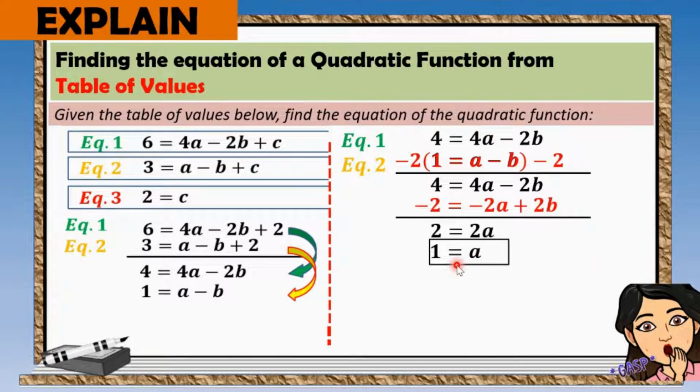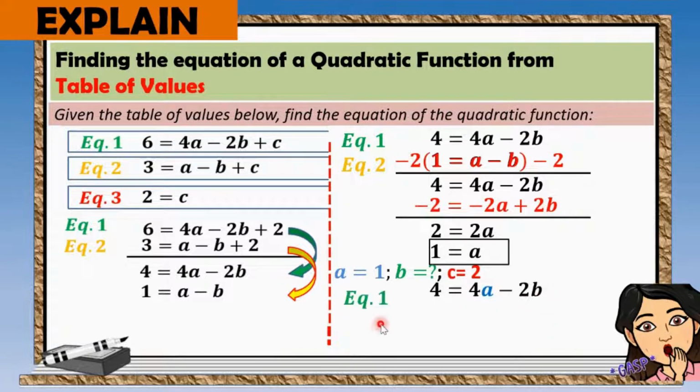Since meron tayong value ng c which is 2, value ng a which is 1, let us now get the value of b. So, how? Again, gagamitin nyo yung any of the equations. Ang gagamitin ko ngayon ay yung equation 1, which na-simplify na nga natin dahil yung c is equal to 2.